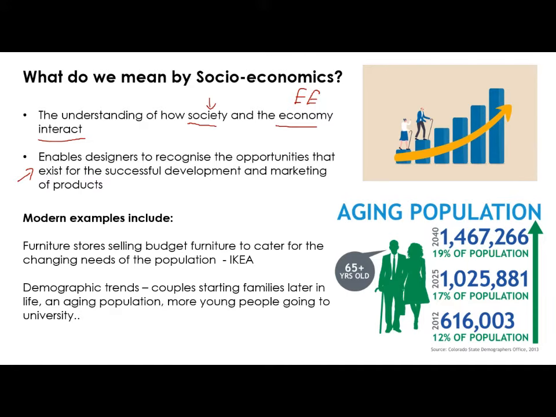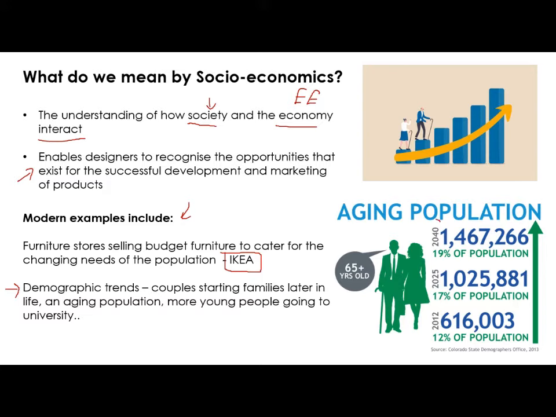There are some modern examples, things like furniture stores selling budget furniture to cater for the changing needs of the population. IKEA are a good example of taking advantage of socio-economic changes. There are also demographic trends. Nowadays couples start families a little later in life, and we have a rapidly aging population.